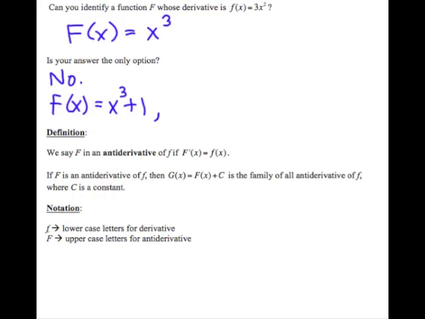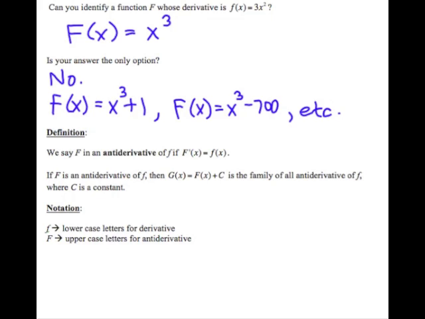And same thing if we add any constant that you could think of there, add or subtract. So we could take F(x) equal to x cubed minus 700, and that function has exactly the same derivative. Any constant you can think of isn't going to change the derivative.